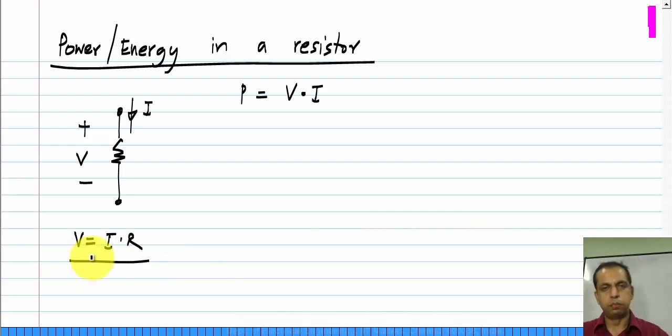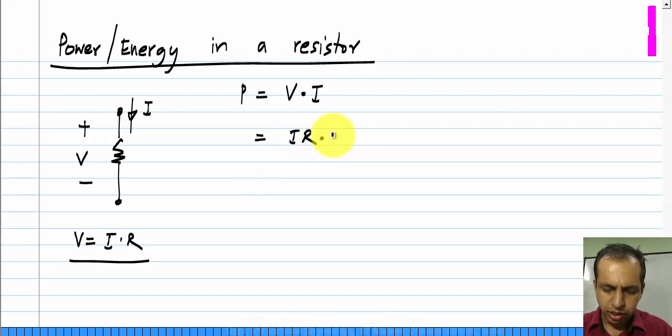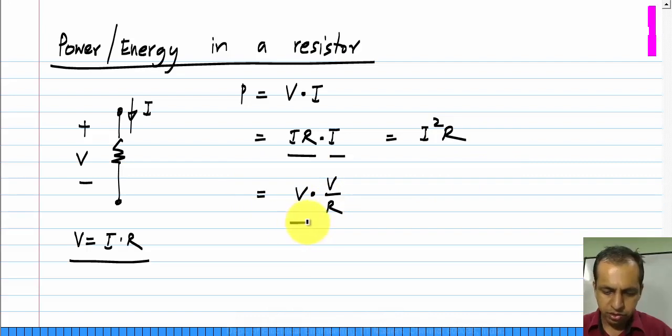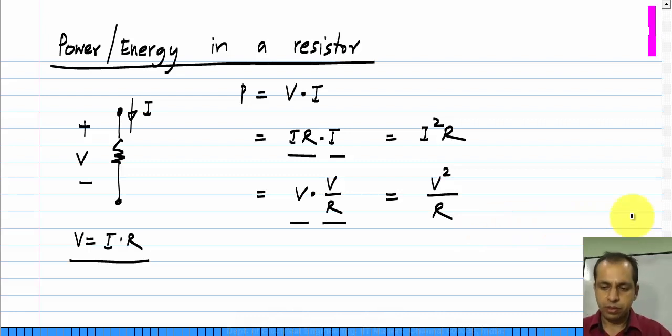So, this relationship can be written as IR times I, which is I square R. Alternatively, it can be written as V times V by R, which will be V square by R.